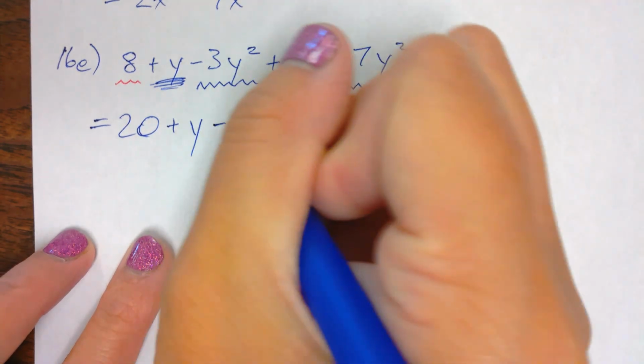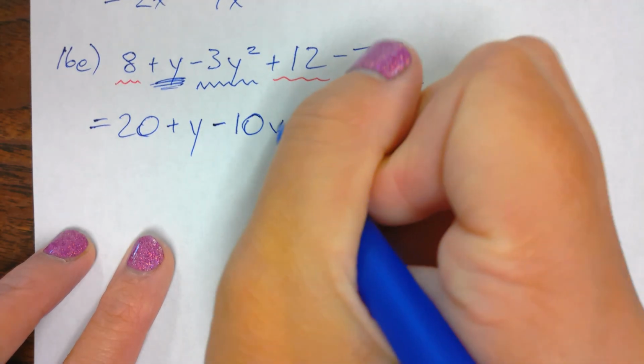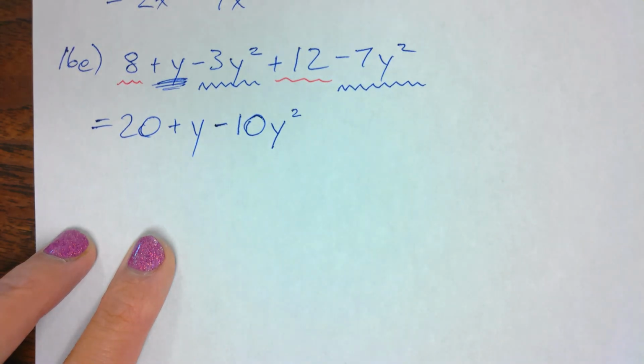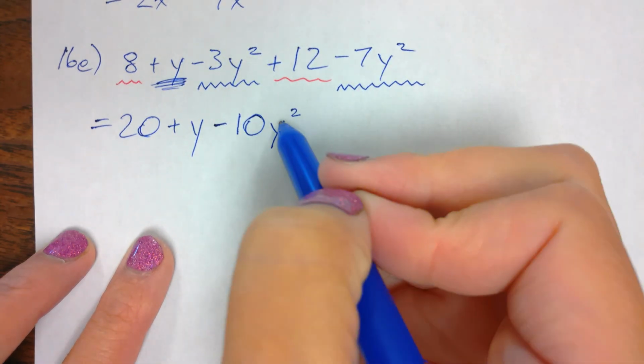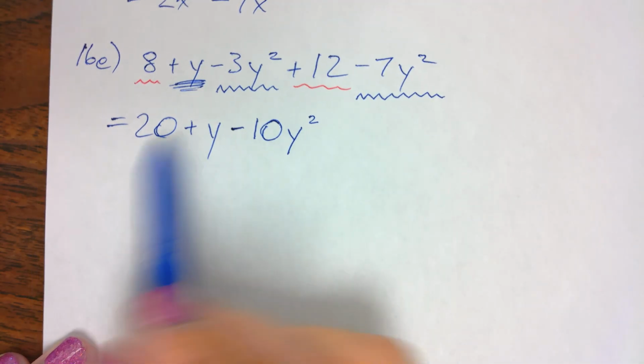Negative 10 what? Claire? Y squared. So again, your calculator can do half the math for you, and then you just have to attach what type of variable it is. So y squared. Can I simplify this any further?